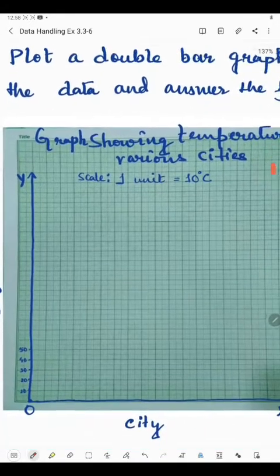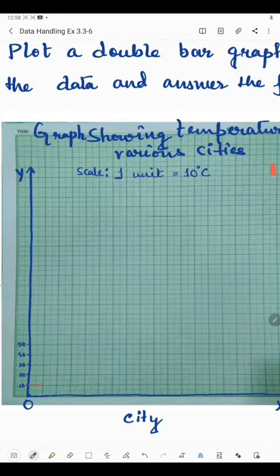So instead of taking one whole unit for showing maximum and for showing minimum, we will just make it into two halves.